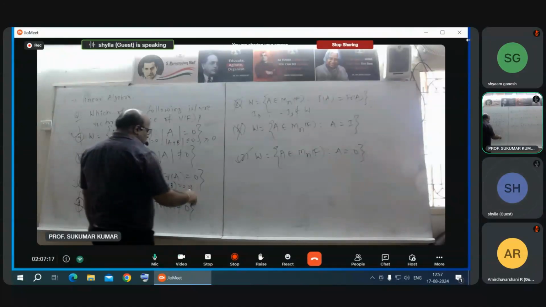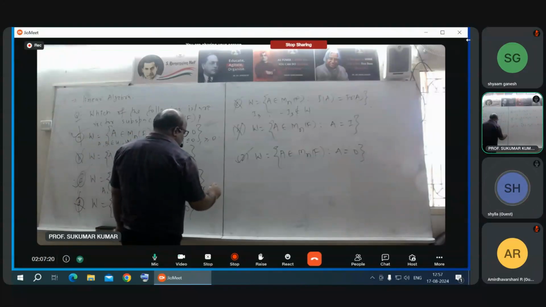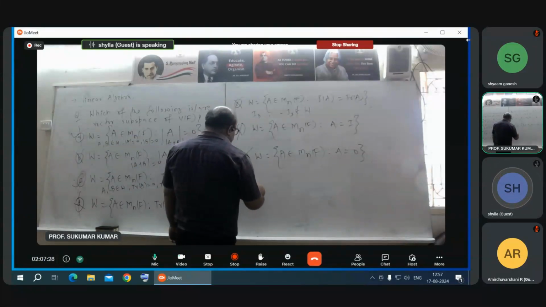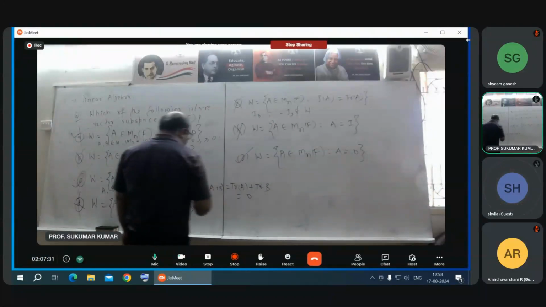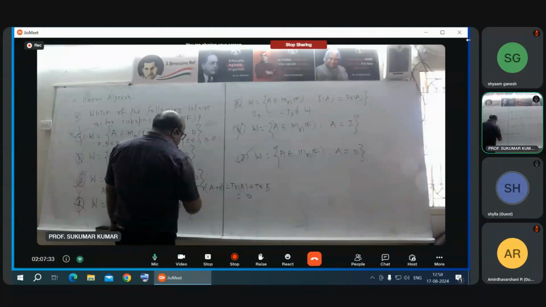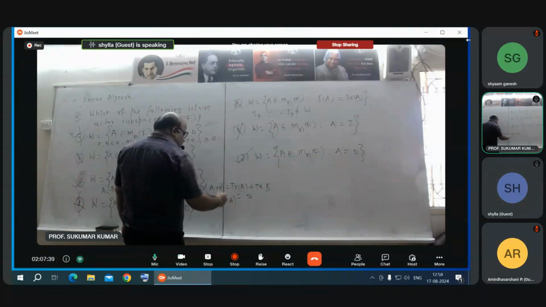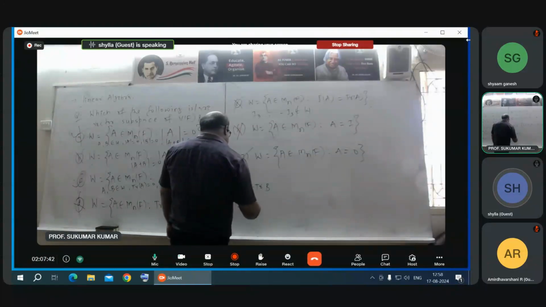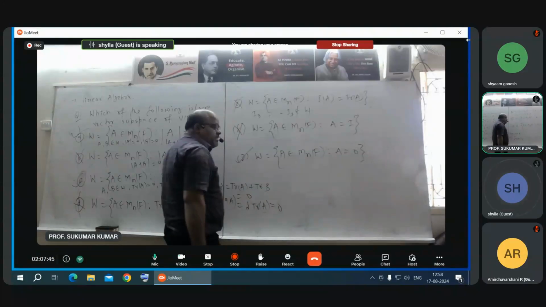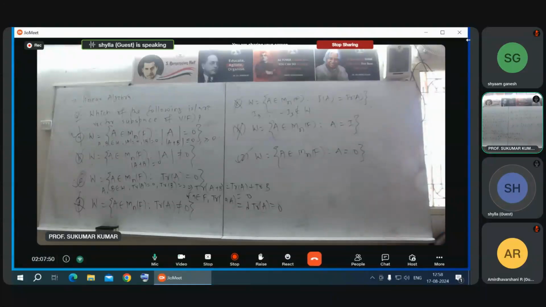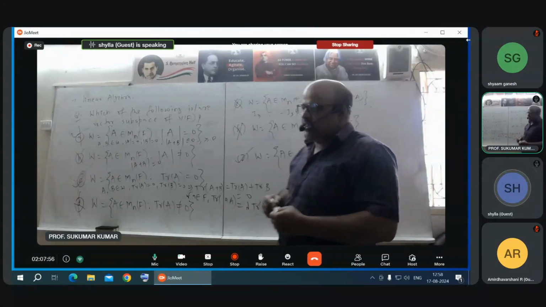So this implies that trace of A plus B is 0, closed under addition, since trace of A plus B is trace of A plus trace of B. And scalar multiplication will also be satisfied: for any lambda from the field, trace of lambda A is lambda times trace of A, which is 0. So both properties are satisfied, closed under addition and under scalar multiplication. So this is a subspace.